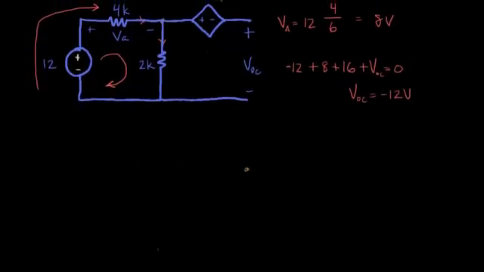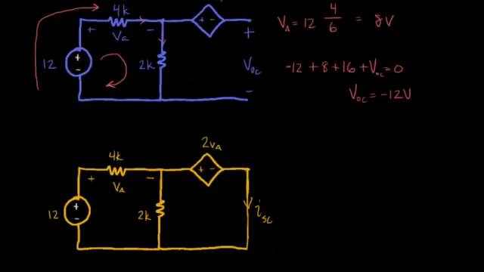All right, now let's redraw the circuit and short it out. And now we need to solve for VA once again. So let's see how we can do that this time. Well, I could do KVL, but the current is not all flowing through here now, so I'd have to calculate this current.